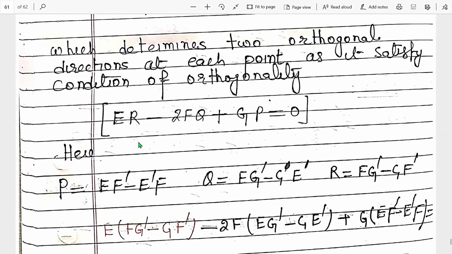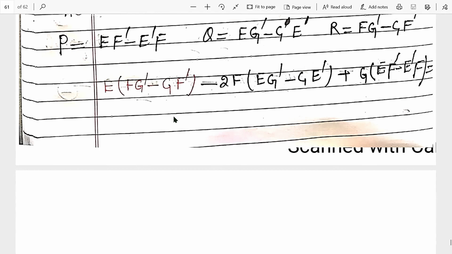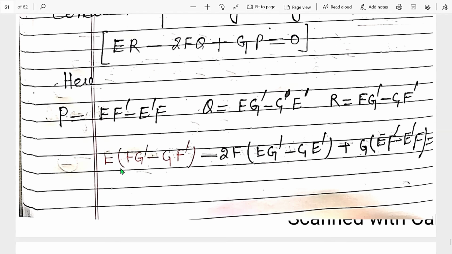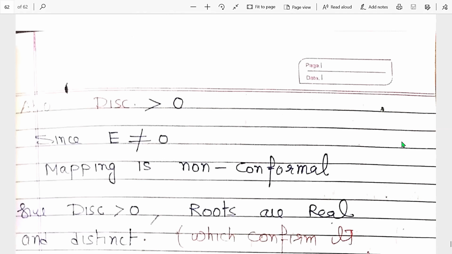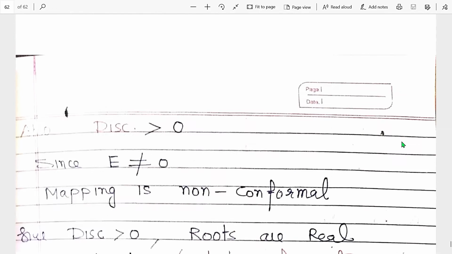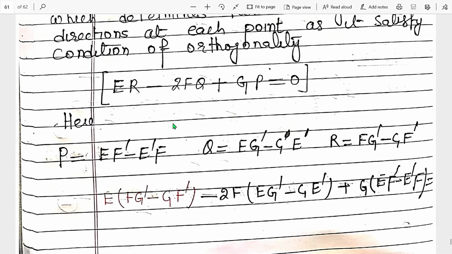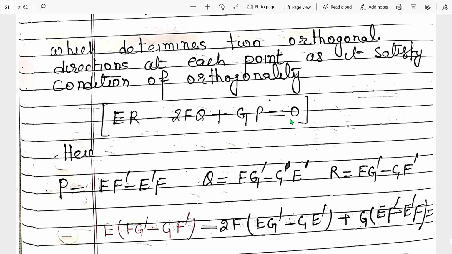Now substitute here. If we substitute, this total value will be 0. Then it satisfies the condition of orthogonality, right? It satisfies the condition of orthogonality.